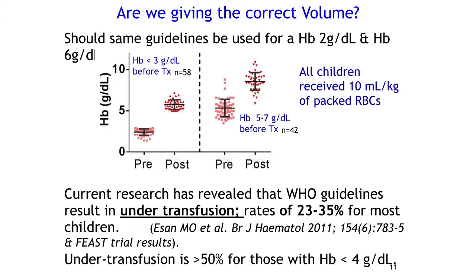In this study I have highlighted, we just looked at this. After enrolling 100 patients, we have this kind of big group, all severely anemic. So we just subgrouped them and looked at those whose hemoglobin is very low, below 3, versus those who are above 5, you know, and looked at them.